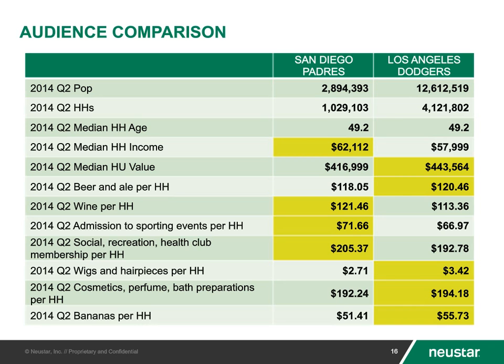We see they're spending a little more than $55 per household on bananas in LA, and it's about $52 in San Diego. Looks like people are spending slightly more on cosmetics and also on wigs and hairpieces in the LA area as compared with San Diego. San Diego is spending a little bit more on admissions to sporting events and so on.